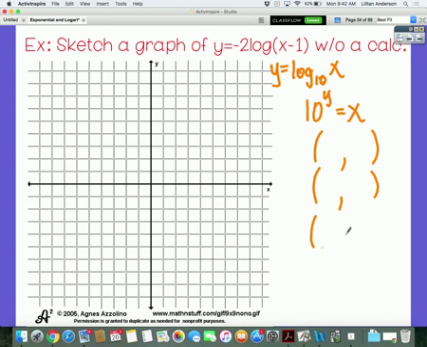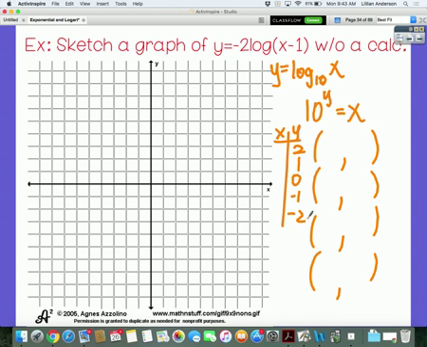I'm going to make a table. Those are going to be my points that I plot prior to doing any type of transformations, okay? But when you look at this, what do you think is going to be easier to plug in? Plug in for your y's, okay? Give me some numbers. 2, 1, 0.